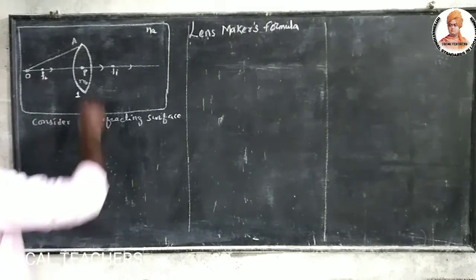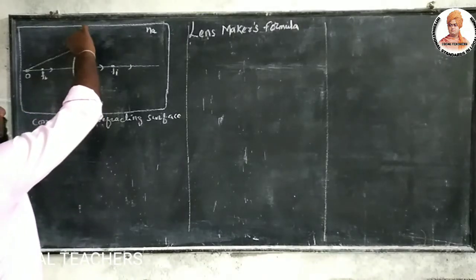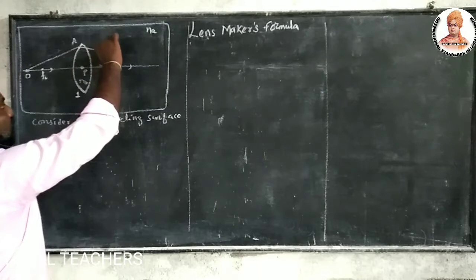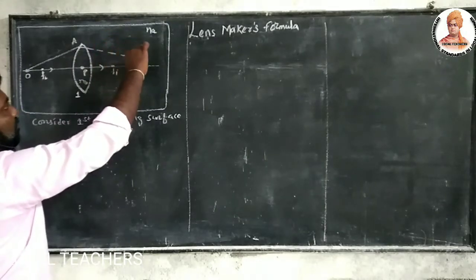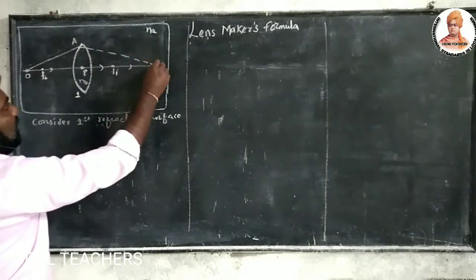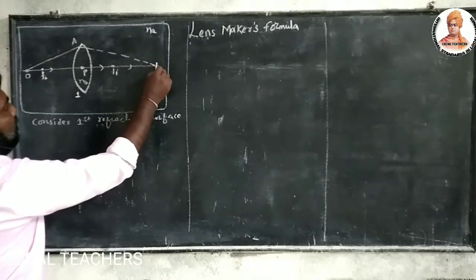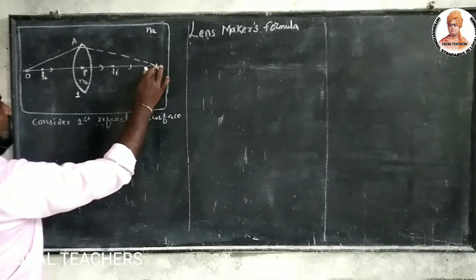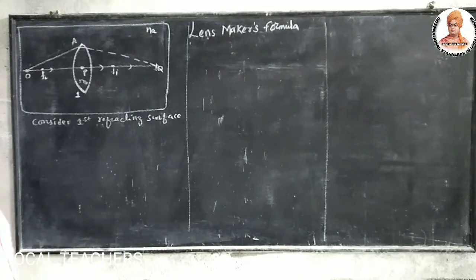After refraction, this ray will meet the principal axis at a point where it forms an image.